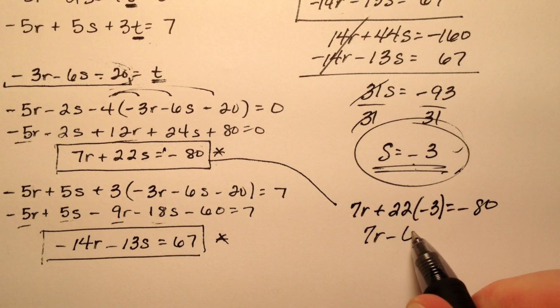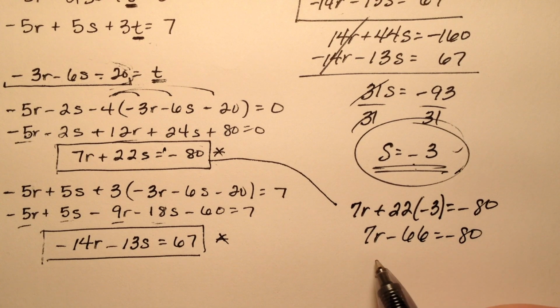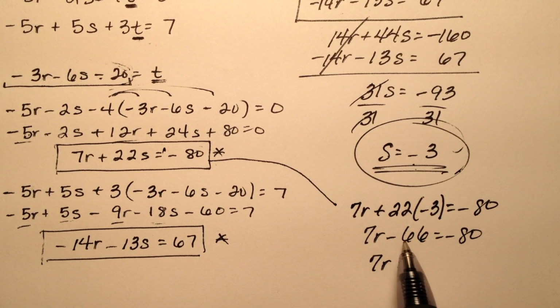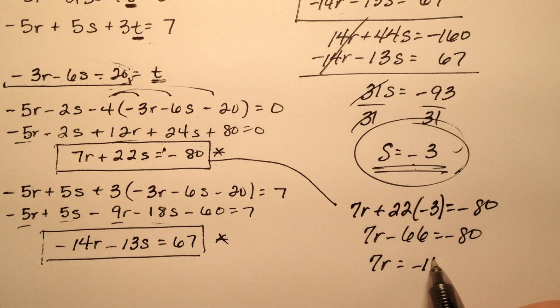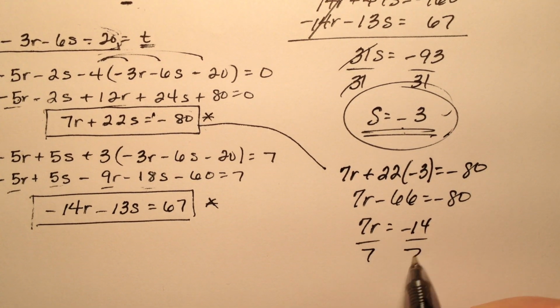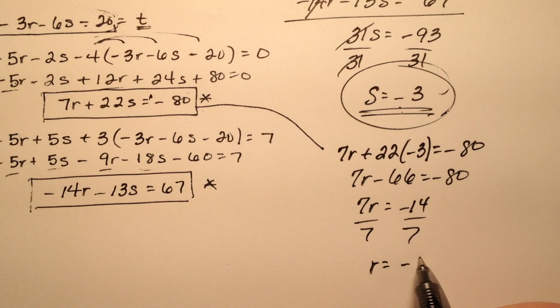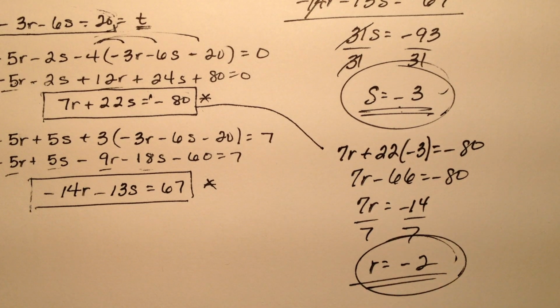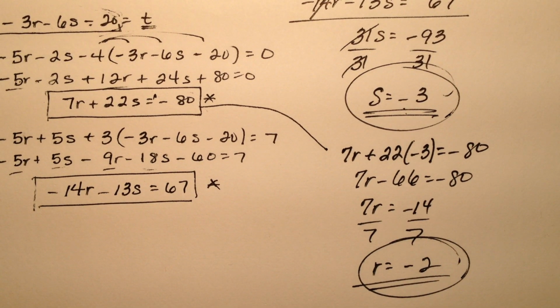So 7r minus 66 equals -80. When I add 66 to both sides, I get -14. And a quick division by 7 will give me r equals -2. So now I have 2 of the values for my 3 variables. So I have r and s. So now I'm only required to find t, and then I'll have all 3 values.